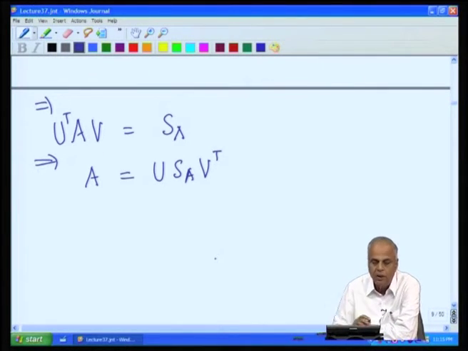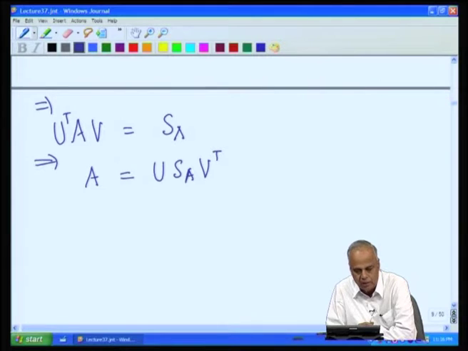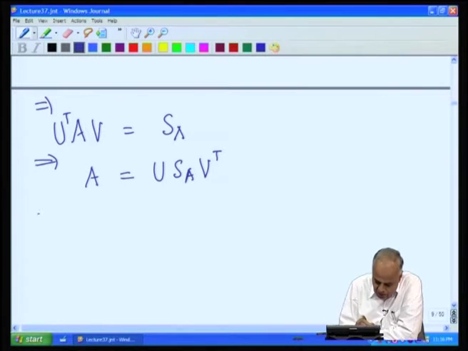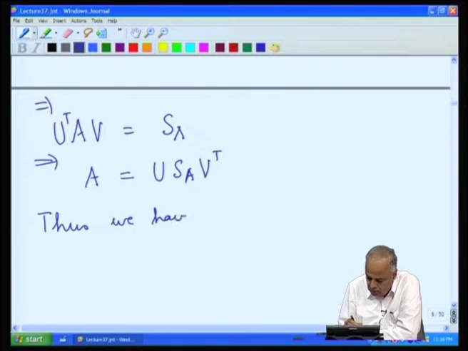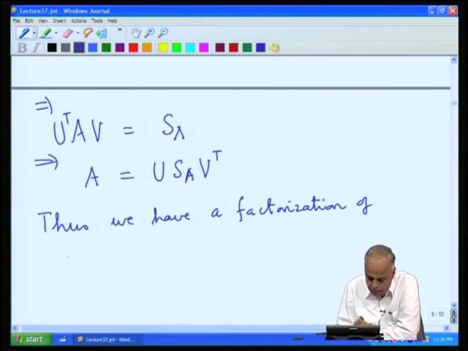Thus we see that A has been factorized into 3 factors. The 2 extreme factors are orthogonal matrices, and the middle one is essentially a diagonal matrix. Thus, we have a factorization of A into 3 factors.